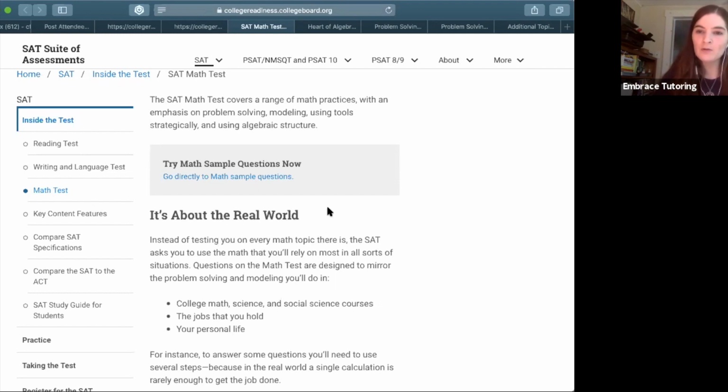You can use all those basic skills that you use on just about any math test to solve for what you need to in the time allotted, so that you can get through and answer as many questions as possible and have the highest chance to get as many of them right as possible. Okay, so it's still feasible, even if you feel like math isn't your strong suit. Most of it is just practice, practice, practice.